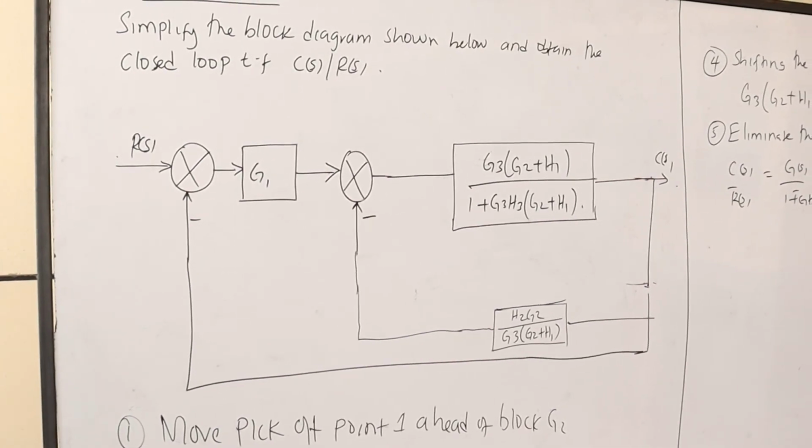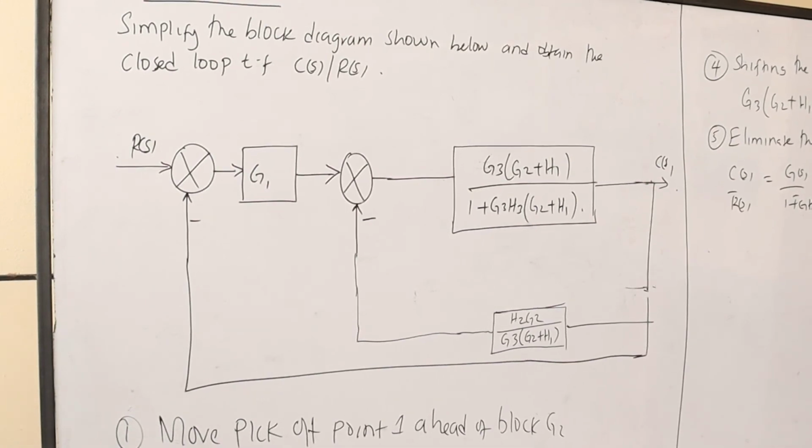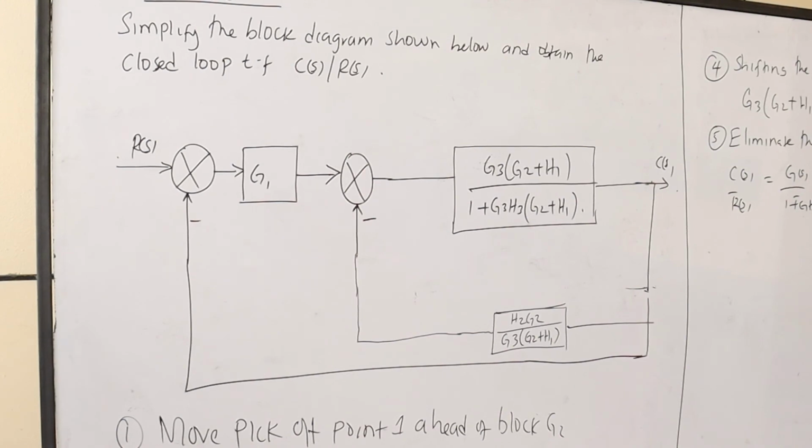When we have that as our new block diagram, we can look into what rule we are going to use further in order to move towards achieving the canonical form of the block diagram.